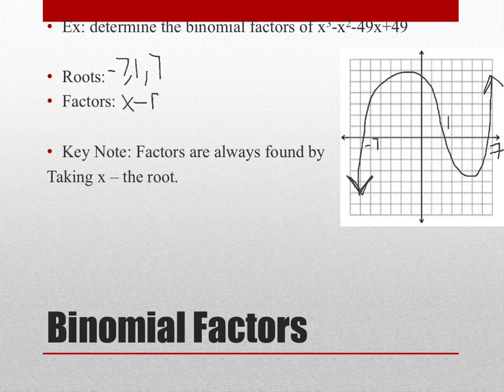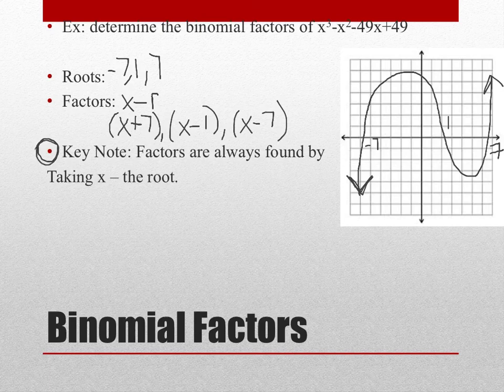So here our factors would be x minus a negative 7, which turns into a positive, so x plus 7, x minus 1, and finally x minus 7. So another note is that factors are always found by taking x minus the root. Once again, that's just a recall here.